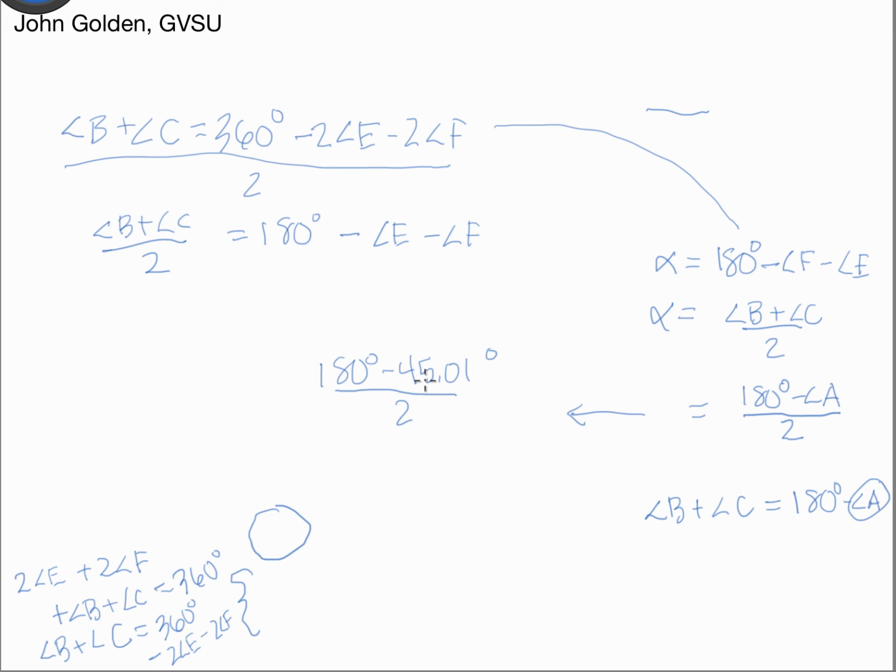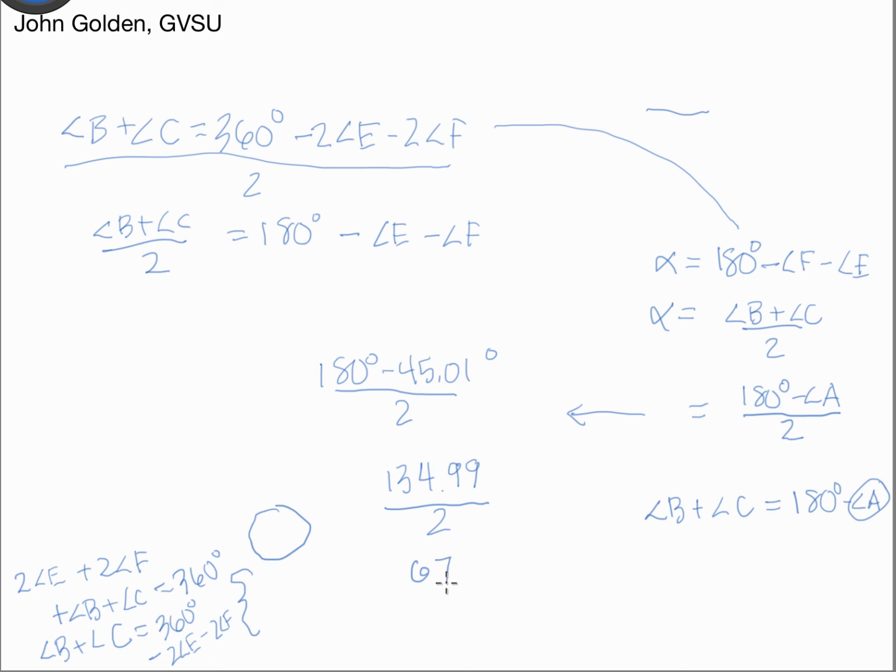So 180 minus 45, 180 minus 40 is 140, minus another 5. That's 135 degrees. But I also have to subtract off this 0.01. So I'm going to say 134.99 divided by 2. And half of 120, 60.